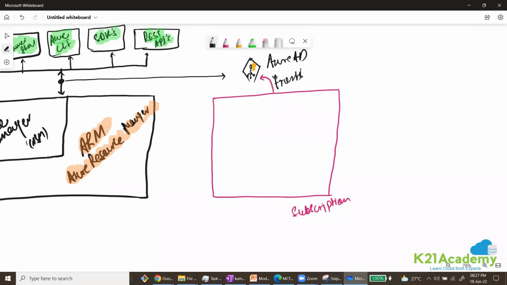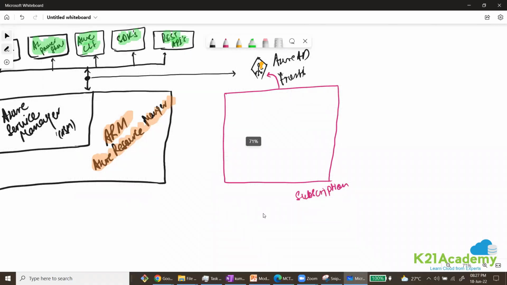A user who is part of this Azure AD, or the users who will be created in future and work inside this organization as part of this Azure AD tenant, will use this subscription to create, manage, and use the resources. So this is where subscriptions come into the picture.